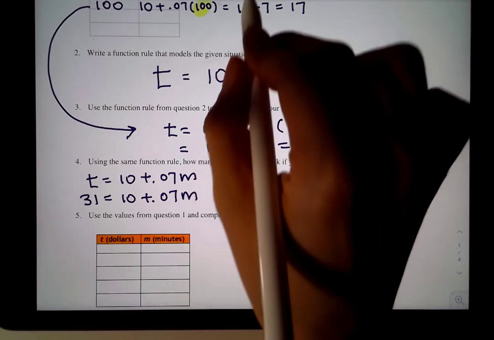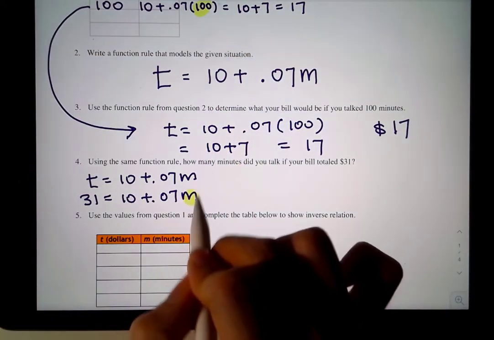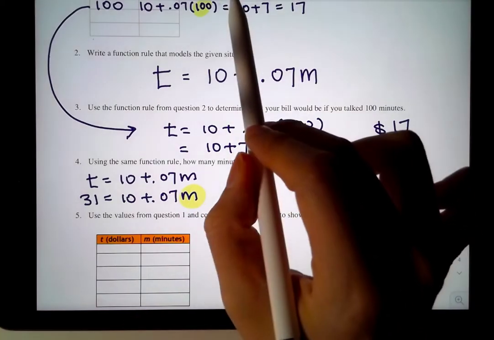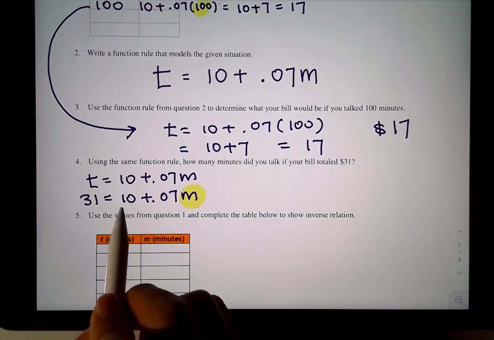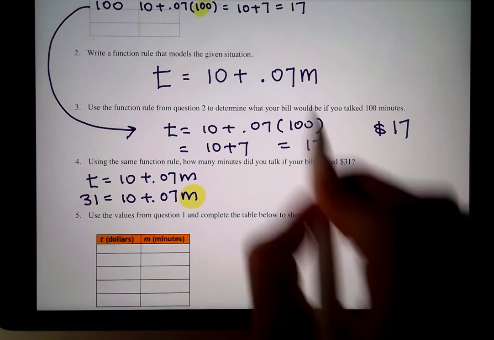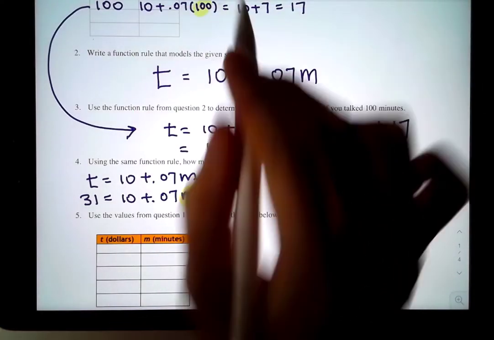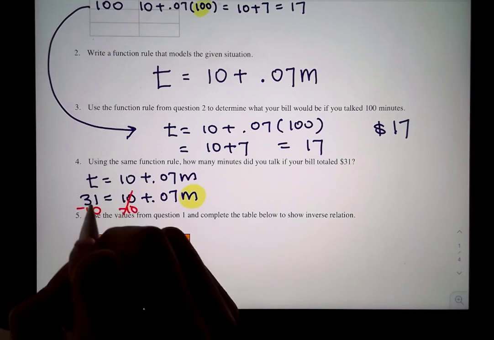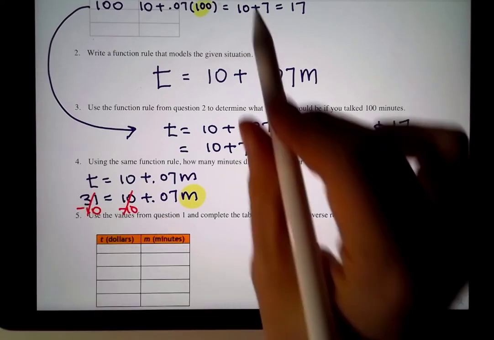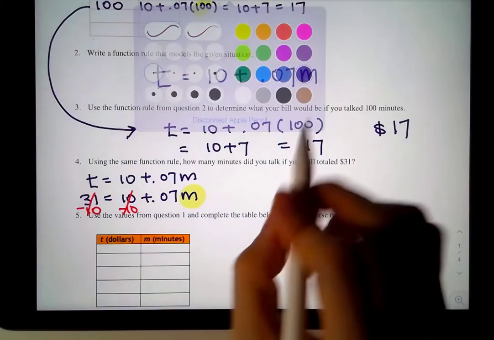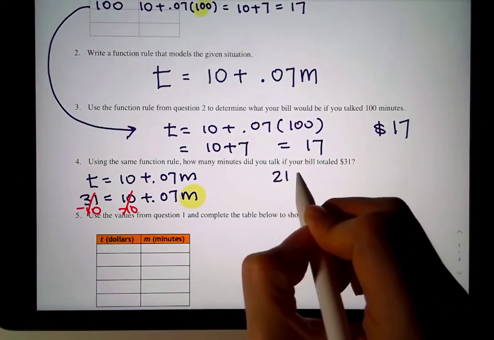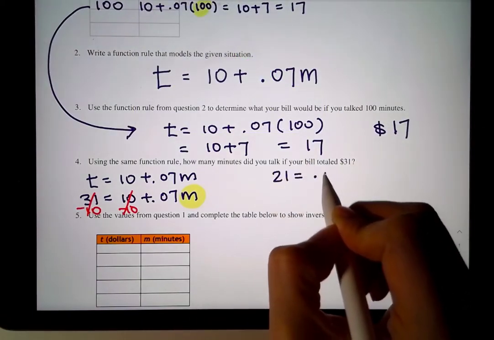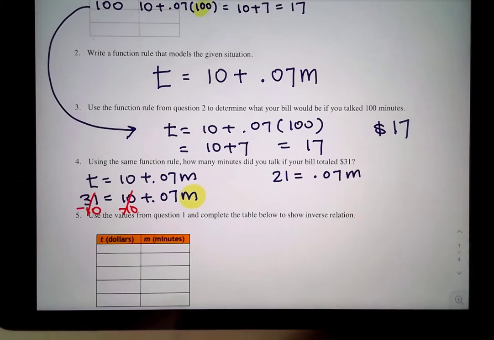So to get m, we need to isolate m, right? So you cancel this one, minus 10, minus 10. When you do minus 10, then 31 minus 10, you get 21 equals 0.07 m, right?